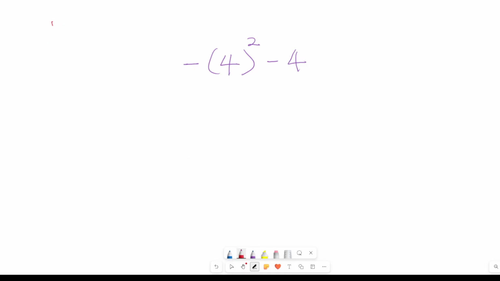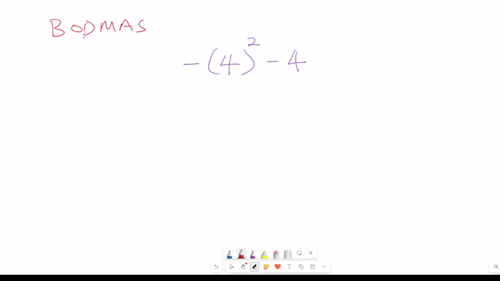BODMAS still applies here. And that is one thing that we have to always remember when we are solving multiple operations and we are expected to carry them out in the proper order. So bracket, we still have the 4 in bracket, but there's nothing more to solve.